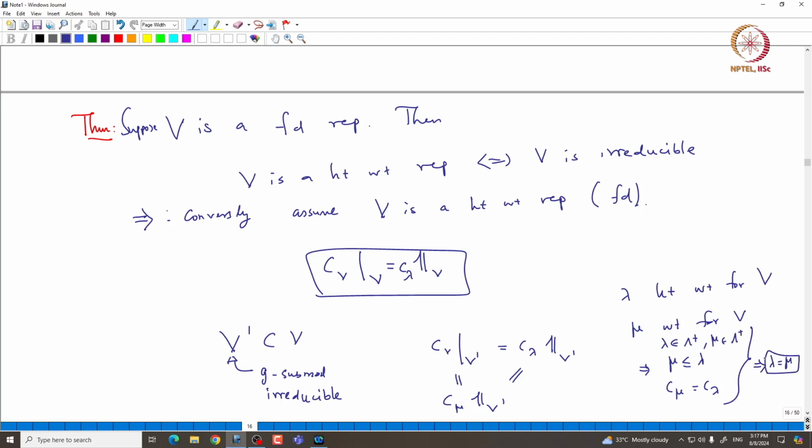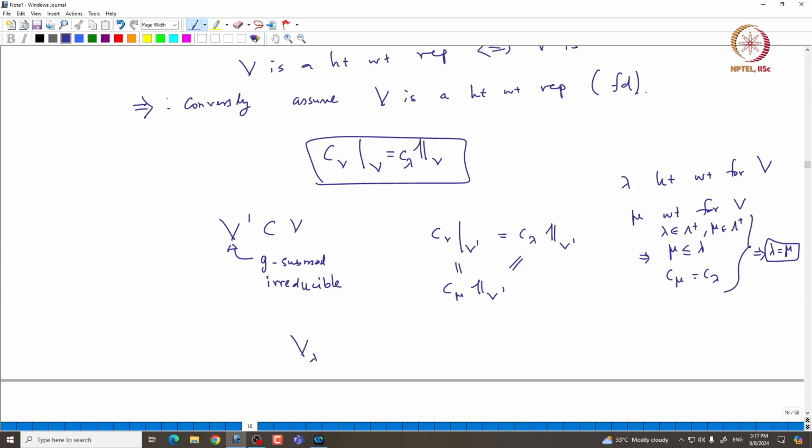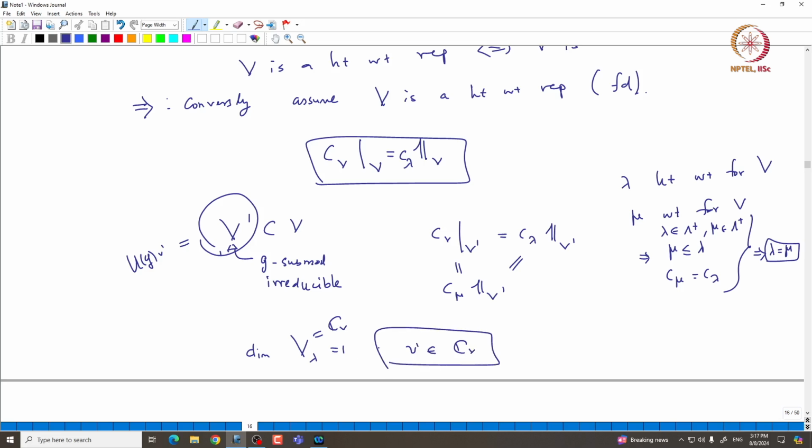But we already know that the weight space for lambda in V must be one dimensional, because it is just spanned by this highest weight vector v. Let us actually call it v dash, the vector that generates V dash. So this v dash must lie inside this one dimensional space Cv, because they have the same weight and the weight space is one dimensional.